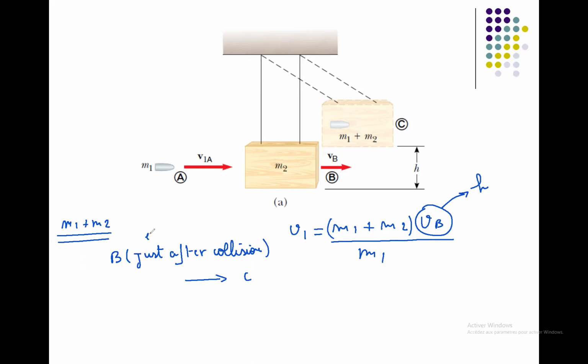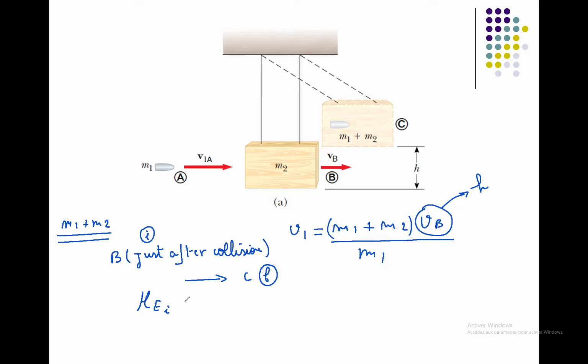So this one is the initial state and this one is the final state. Between this position and this position, we don't have friction, so we have a conservation of mechanical energy.